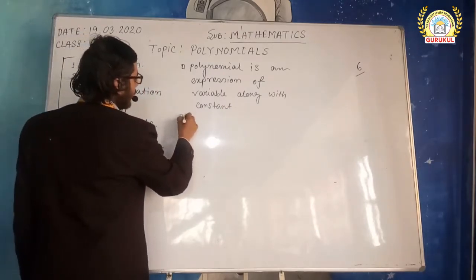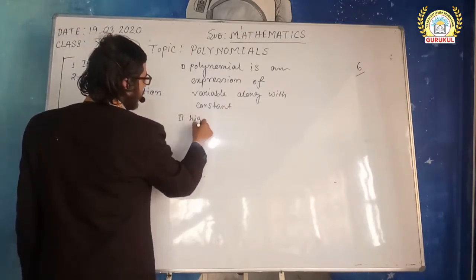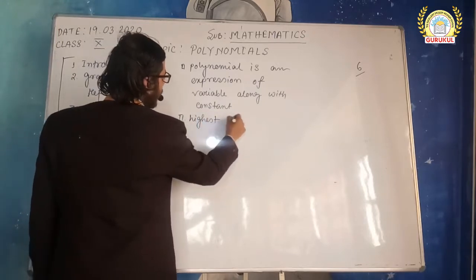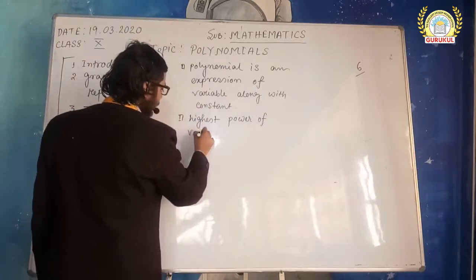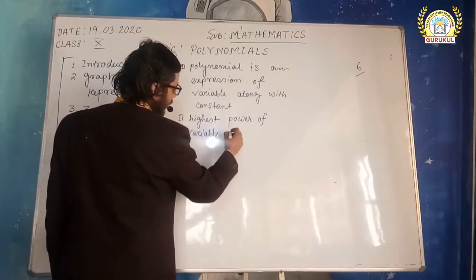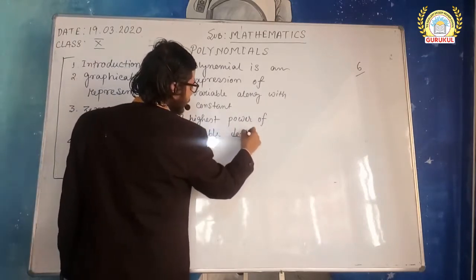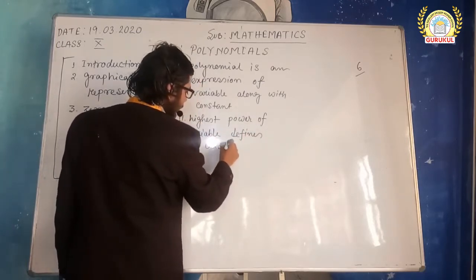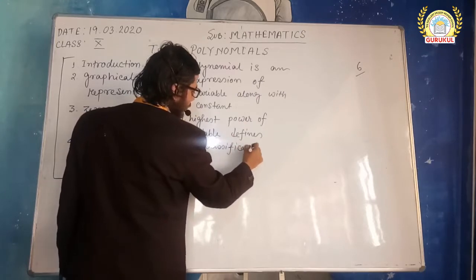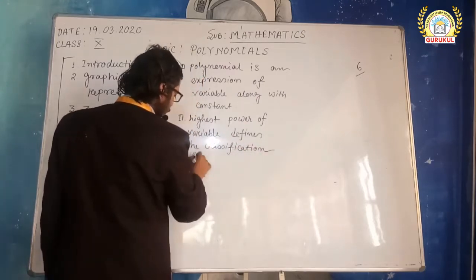After that, the highest power of variable defines the classification for polynomial.